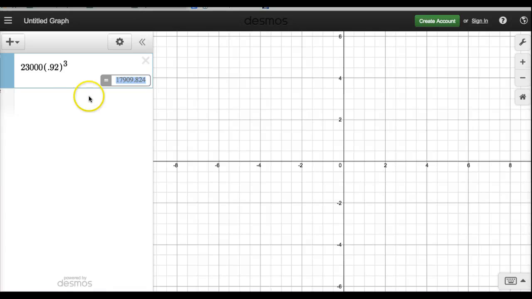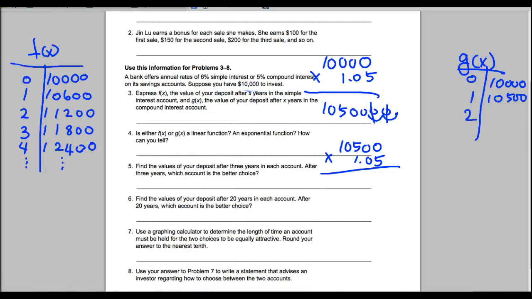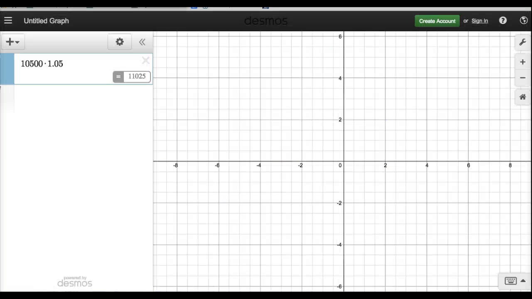Go to Desmos, and this is the previous screen. So 10500 times 1.05, and that gives me 11025. Oh gosh, I'm such a scatterbrain. 11025.